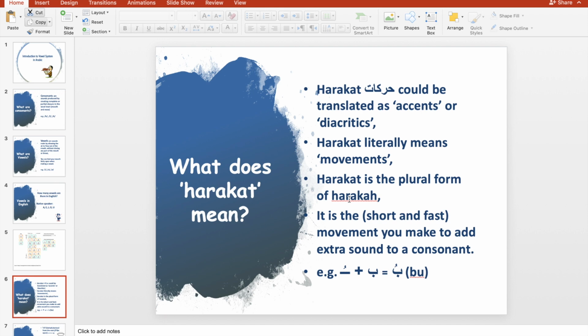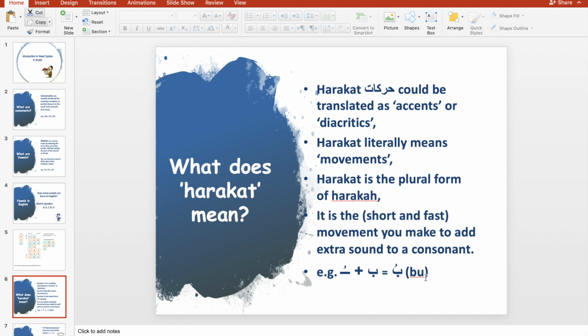There is something interesting about terms used in Arabic. The term itself tells you exactly what you have to do to form or to make a sound. So, as the term indicates, harakat is the movements you make to add extra sound to the consonant.